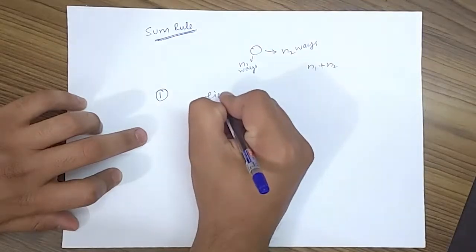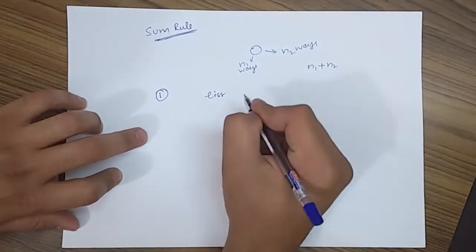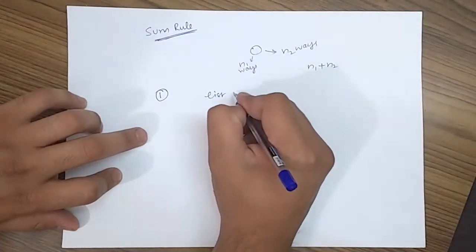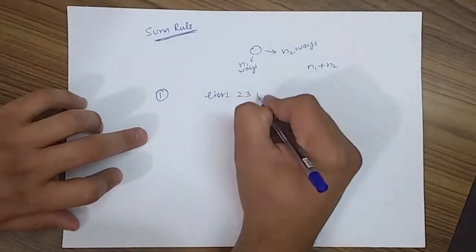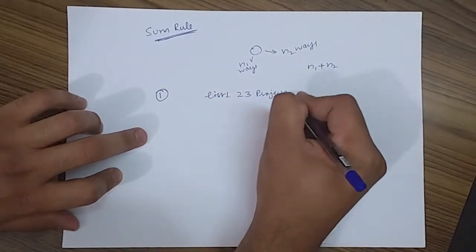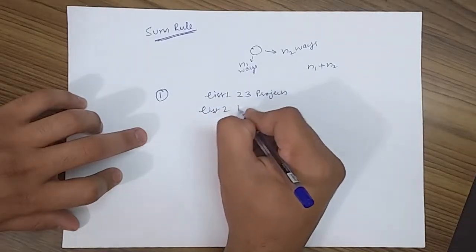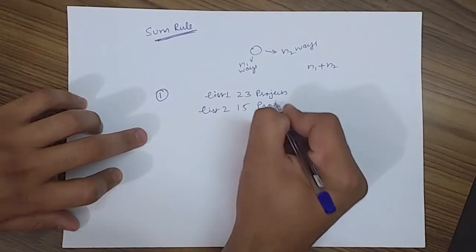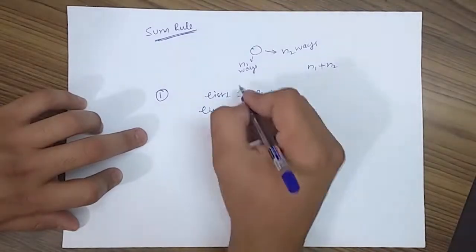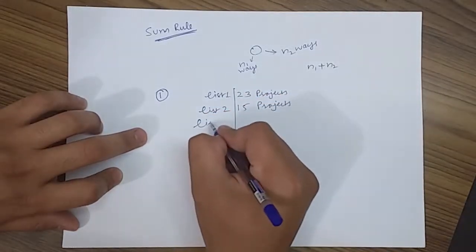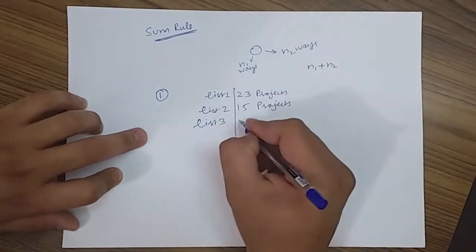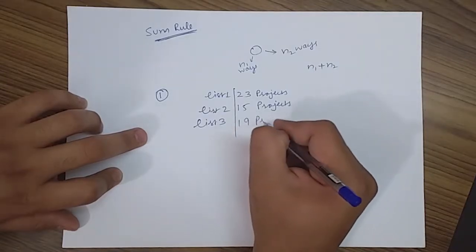List 1 contains the titles of 23 projects. List 2 has 15 projects, and list 3 has 19 projects.